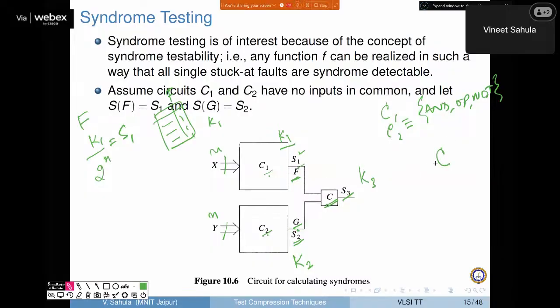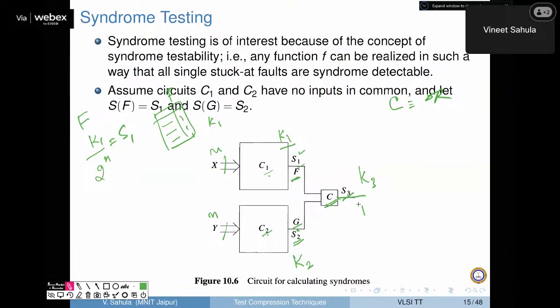If your C is an OR gate, when will the output be 1? Whenever either f is 1 or g is 1. Fine. When f is 1, it doesn't care whether g is 1 or not.